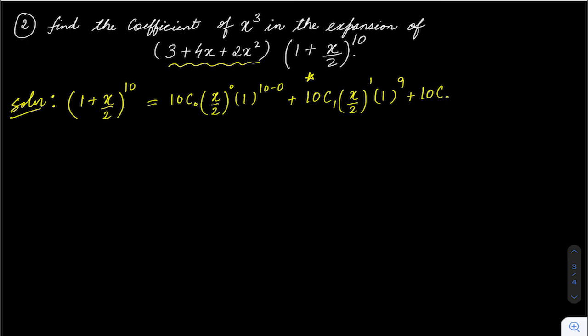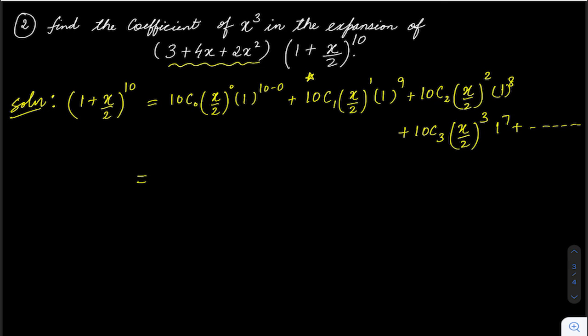Next will be 10c2 (x by 2) power 2 into 1 power 8. Even if you don't want to write this one, you can just skip this one because 1 power 8, 7, 6, whatever, it is going to give you 1 only. Okay, now the last term is 10c3 (x by 2) power 3 and 1 power 7, plus some other terms are there which are irrelevant in this question. Okay, so let's simplify this and find this first.